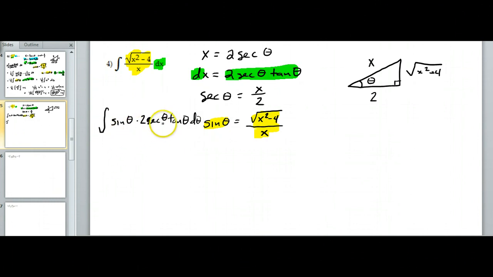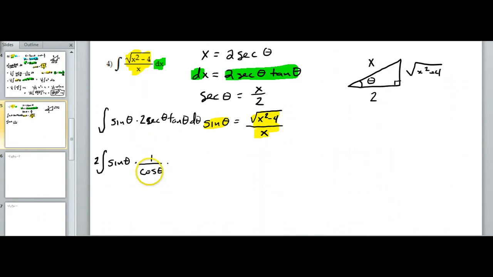Now we're going to clean this up. I'm going to pull this 2 out in front. Secant theta is the same thing as 1 over the cosine theta, and tangent theta is sine over cosine.